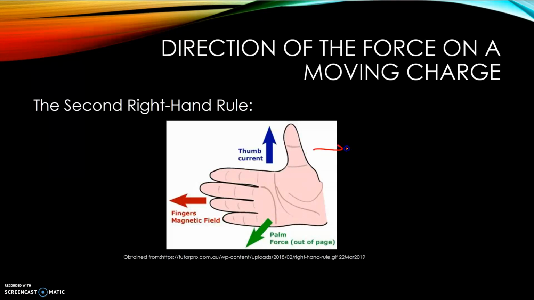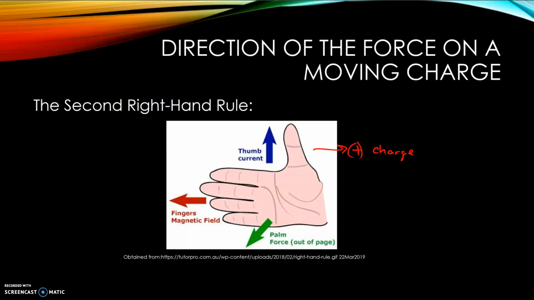We define current direction as the direction of the positive charge, which means that if you have a negative charge traveling through a field, you point your thumb in the opposite direction from the direction that the negative charge is traveling in. That's a little nuance you have to keep in mind. And then the direction your palm points is the direction of the force.